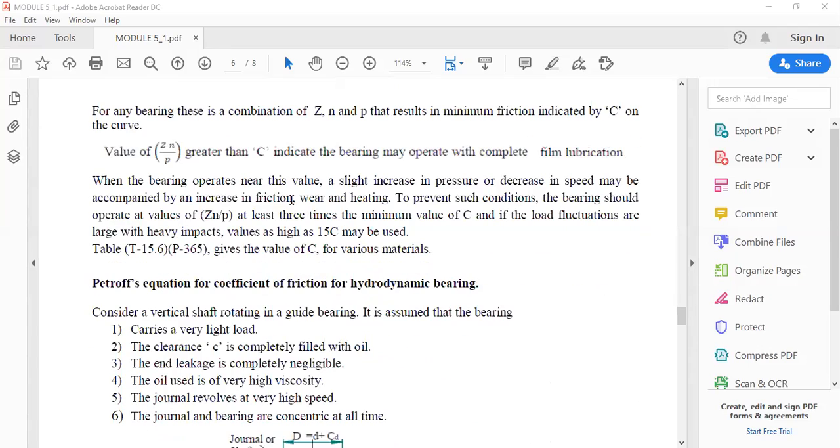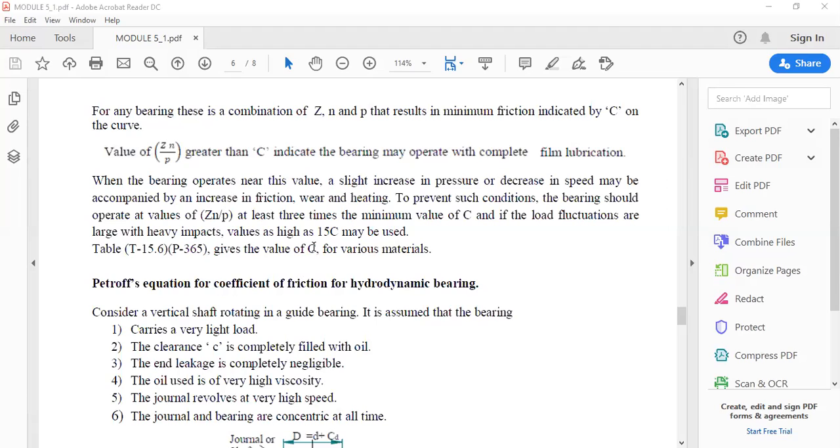When the bearing operates near the value of C, a slight increase in pressure or decrease in speed is accompanied by an increase in friction, so the coefficient of friction increases. To prevent such conditions, the bearing should operate at a value of Zn by P at least three times the minimum value of C. If Zn by P is greater than the value of C, then the bearing operates with complete film lubrication.